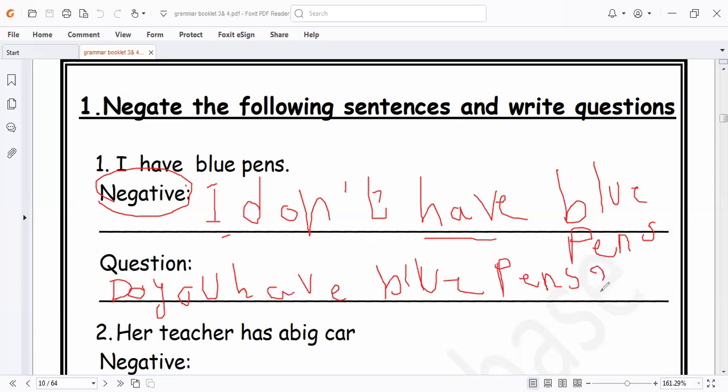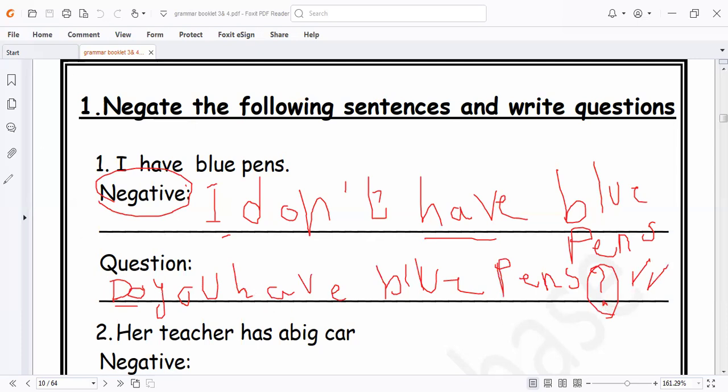Here is where I put the question mark at the end of the sentence. Don't forget to put the question mark at the end of the sentence. Here is "I don't have blue pens."